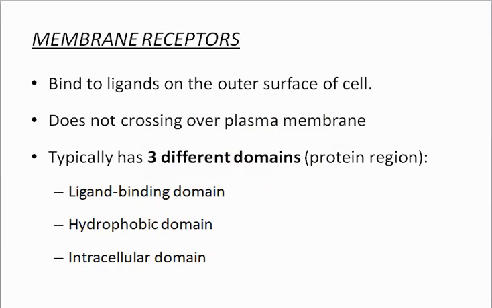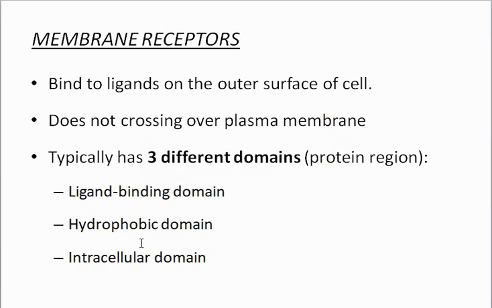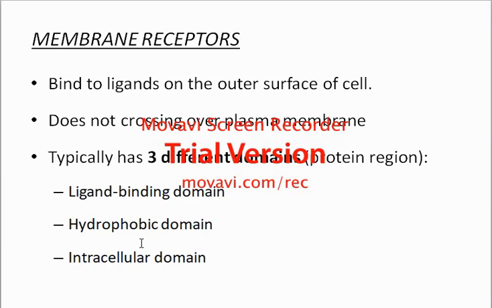A typical membrane receptor has three different domains, which are the components that make up a receptor. They are the ligand binding domain, hydrophobic domain, and intracellular domain. The ligand binding domain sits outside of the cell, and the hydrophobic domain extends through the membrane.